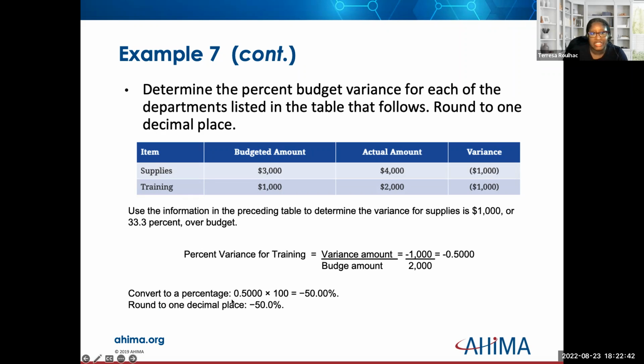Convert to a percentage, you have 0.5 times 100 equaling negative 50% again. Round to 1 decimal place. Once again, negative 50%. And you can kind of see how we were over. We had allocated 1,000 for training. We spent 2,000. That's 50%. We were allocated 3,000 in supplies. We spent 4,000. Okay.